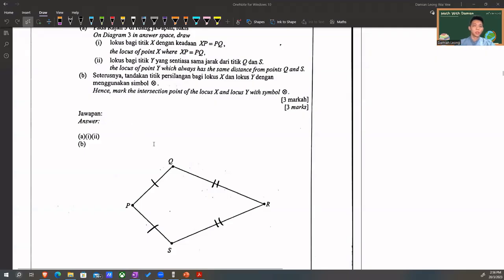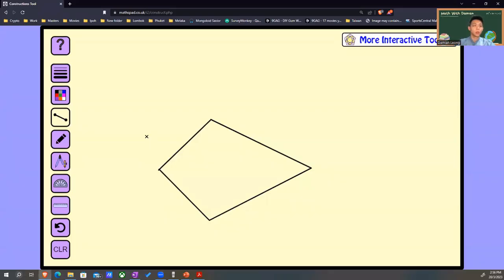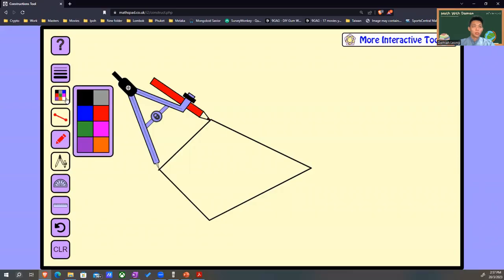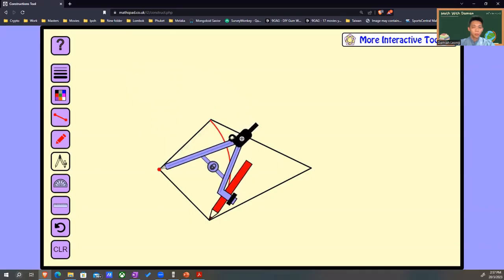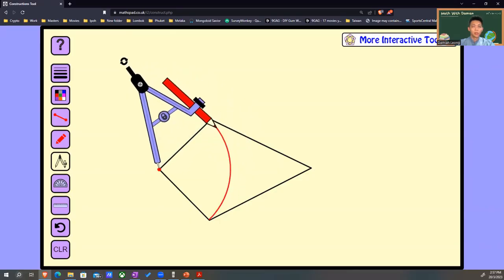It is slightly different, but it's so I can show you using compass, and you get the idea of it. So P to Q is here. So I go from P to Q, put a compass there, fix the width of the compass, then we draw. Okay, basically this curve would be the locus X.